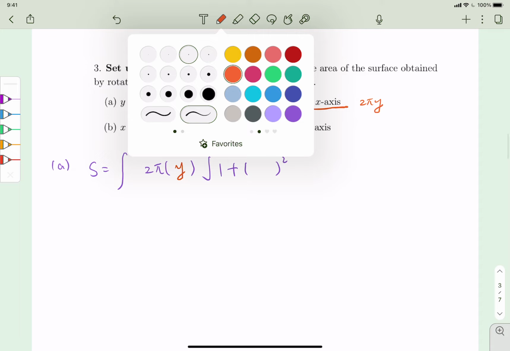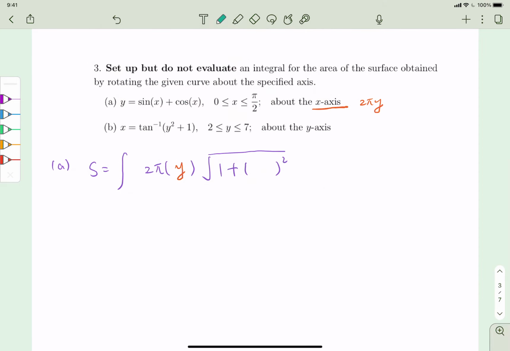And for the other part here, it could be either dx over dy or dy over dx. It depends on your preference and also depends on the expression of the curve here. You can write dx over dy, but it might be more difficult to figure out the derivative later on.